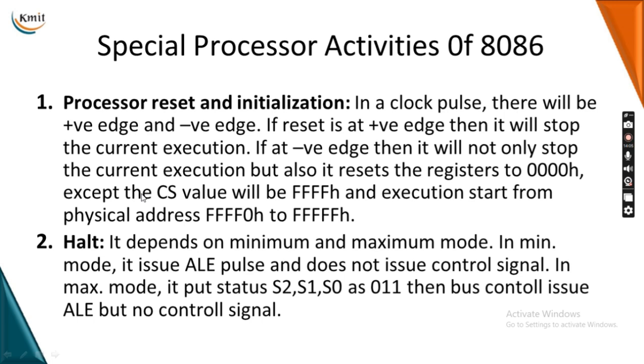Second one, halt. Halt means it will stop the execution process. It depends on minimum and maximum mode, which will be discussed in the next session. Minimum mode is when S2, S1, S0 are 0, 1, 1.